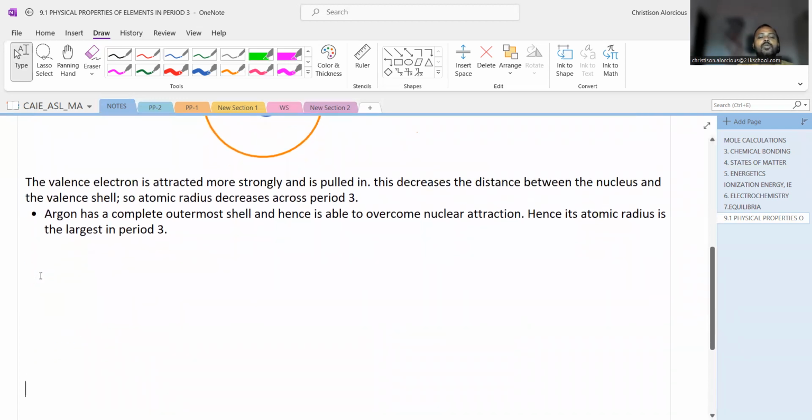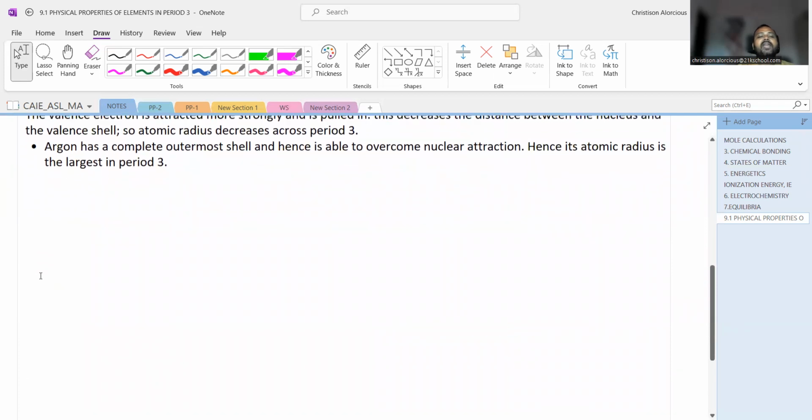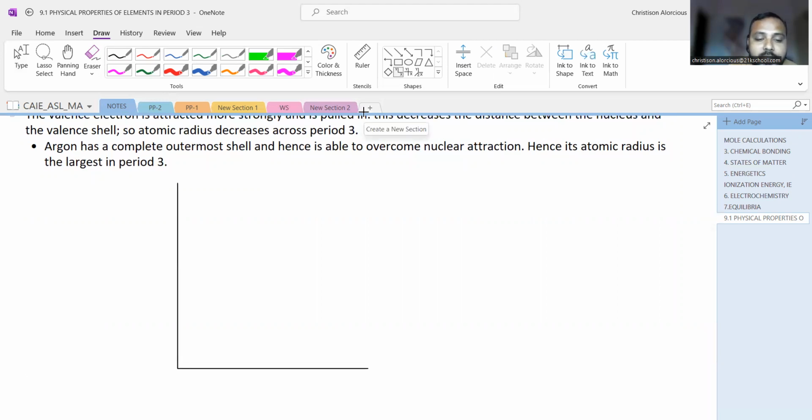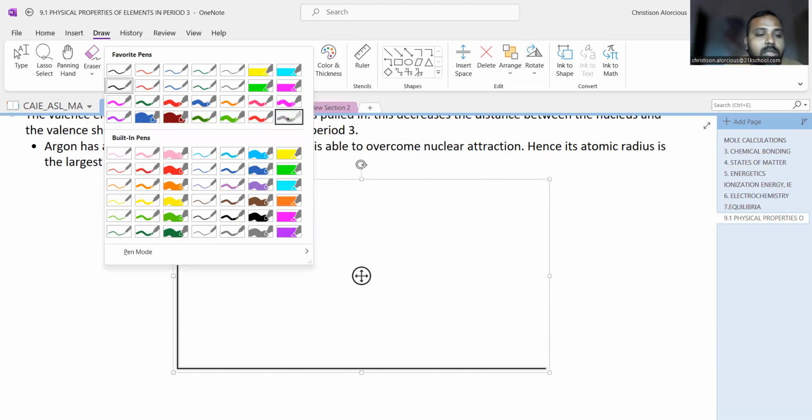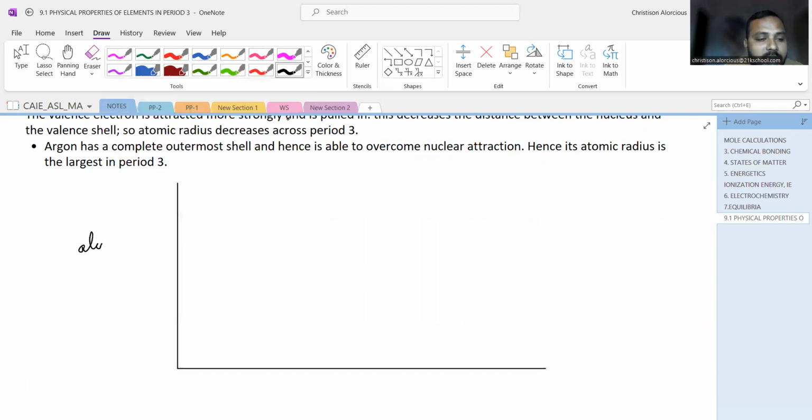Another thing is, usually they'll ask you to explain the trend. Sometimes they do ask you to draw the graph to represent it. So this is just a simple sketch graph. You are going to plot the atomic radius against the elements. Let's say there's sodium, magnesium, going up to chlorine, and say this is argon.